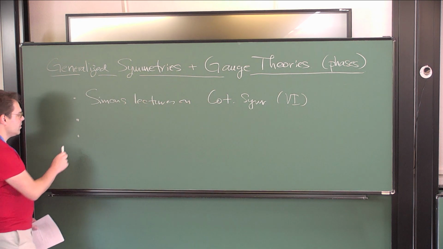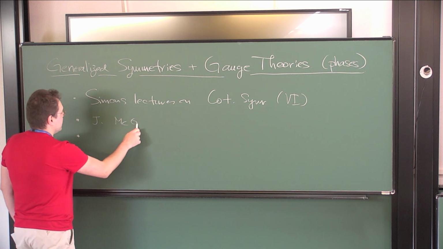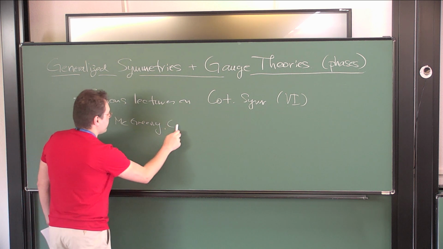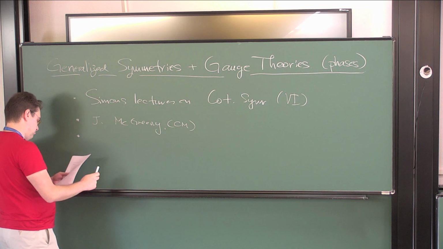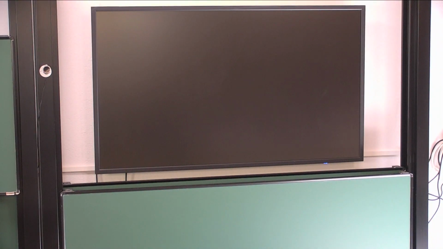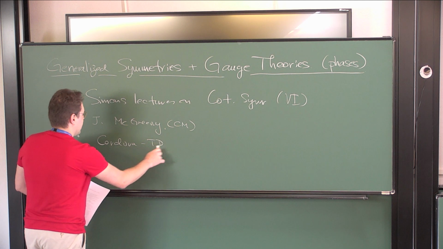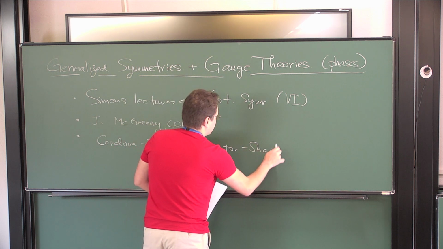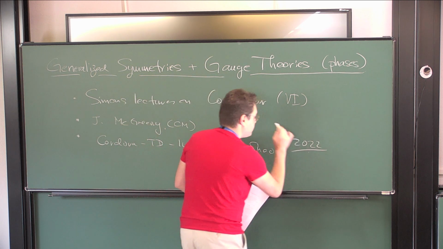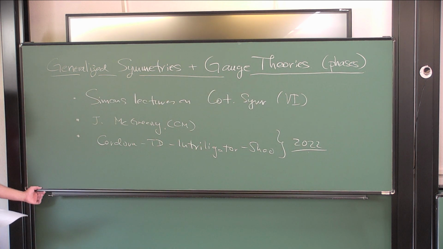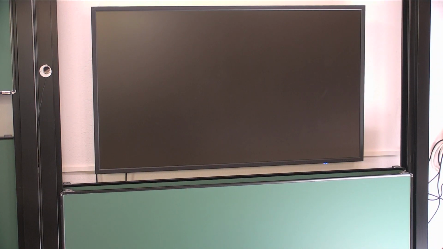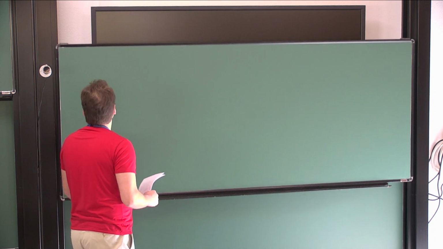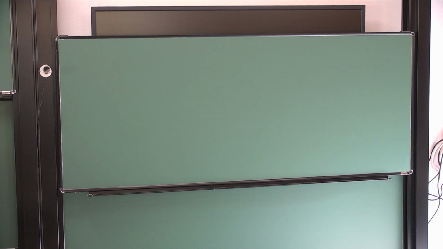And then there are two reviews, one by John McGreevy, more from a condensed matter point of view, and one by Cordova, myself, Trilligator, and Shao. These are both from 2022. These things will have lots of references to the original literature. Any questions?